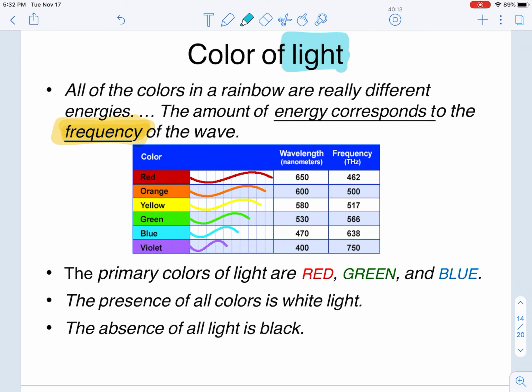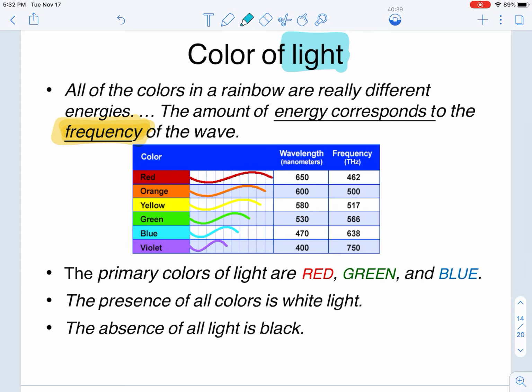Now, be careful answering questions on a quiz or a test. If you have an answer choice that says black light, that's the wrong answer. Why? Because there is no such thing as black light. Now, yes, you can go to the store and you can buy a black light, but that is not the color black as a light bulb.